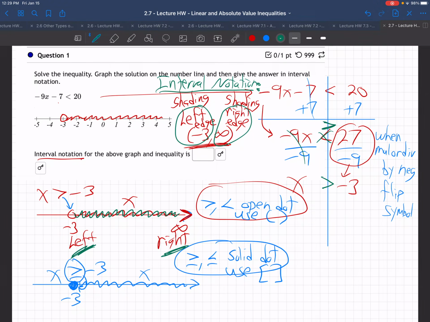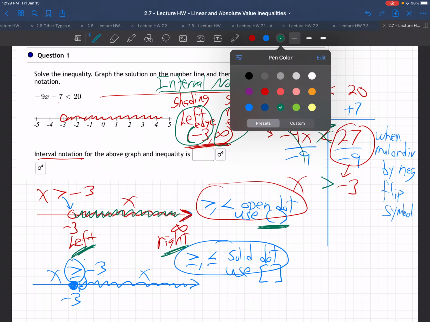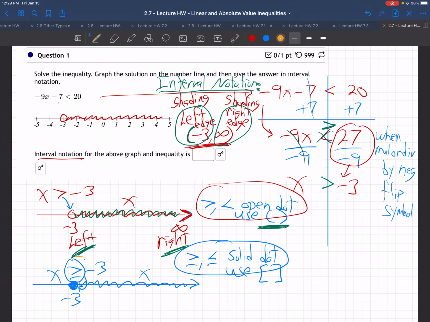The right edge is infinity because it goes right forever. And you use parentheses to say you're not including the negative 3. See the parenthesis right here at the negative 3? If the question had been this one, then I would have done bracket negative 3 to infinity with the parenthesis.